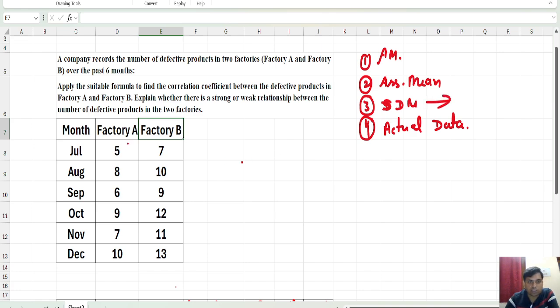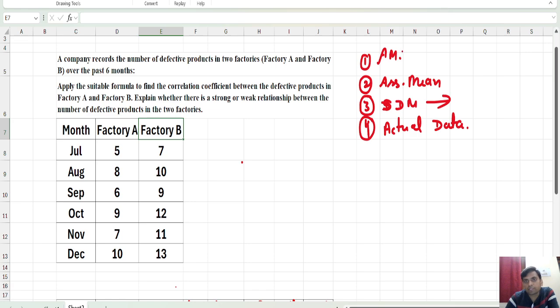In this case there is no constant gap, or we need to find a constant gap. We need to arrange this data in order as per factory A or factory B. Then we can see whether we can apply this step deviation method or not.